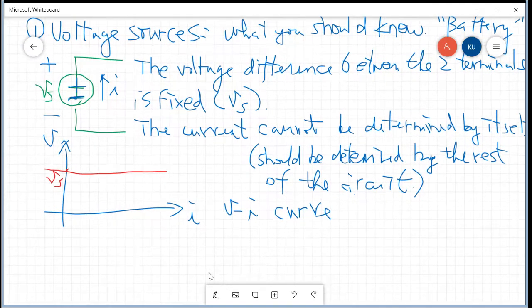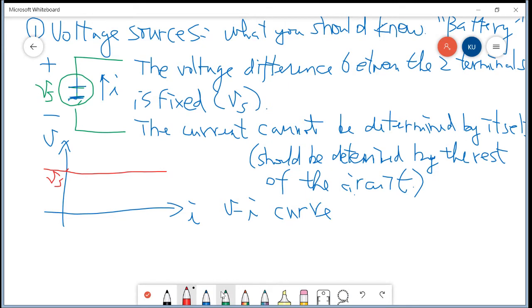According to this graph, we can tell that the slope of this curve is of course 0. The slope is 0, and usually the slope of this curve is nothing but dV/dI, and we will define it to be the resistance.